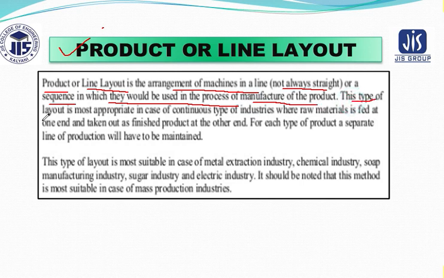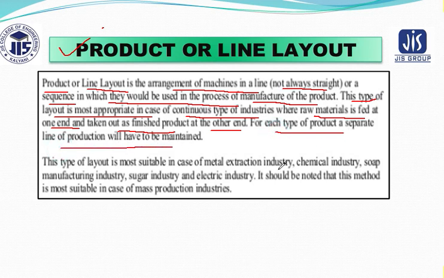This type of layout is most appropriate in continuous types of industries, where raw material is fed at one end and taken out as finished product at the other end. For each type of product, a separate line of production will have to be maintained. This is a little bit difficult because for every type of product you have to create a separate line of production, so the cost estimation will probably increase also.